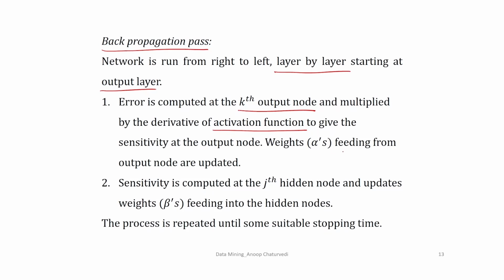Weights alphas feeding from the output node are updated. Then sensitivity is computed at the jth hidden node and we update the weights betas feeding into the hidden nodes. And then we repeat this process until some suitable stopping time.